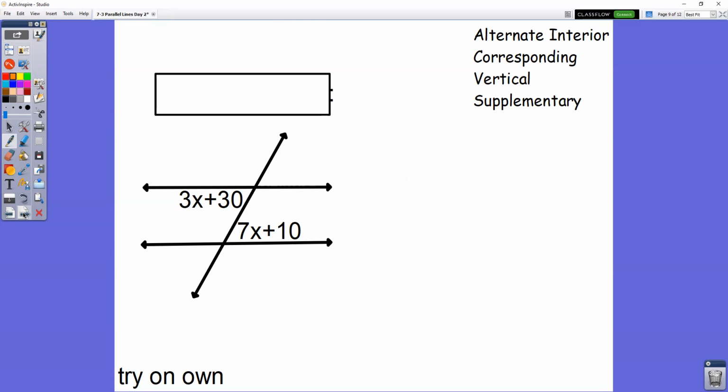Go ahead and try this one, please. Give me about 30 seconds longer.